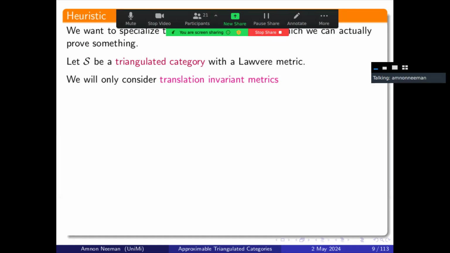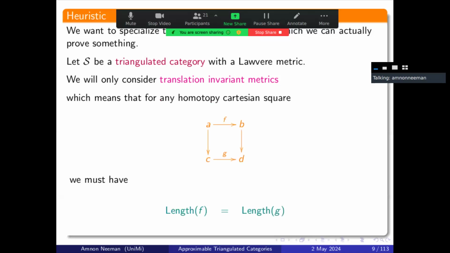The point is that in a triangulated category, there are homotopy Cartesian squares. We view two parallel morphisms in a homotopy Cartesian square as being translates of each other, and we insist that the translate of the morphism F should have equal length.